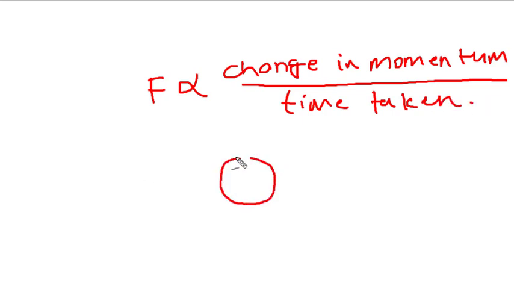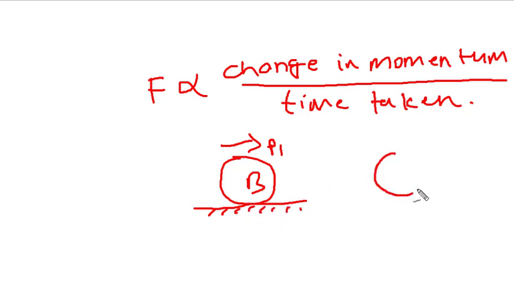This object B had initial momentum P1, and it was moving very nicely. Then suddenly a force F was applied on this body. What happened?